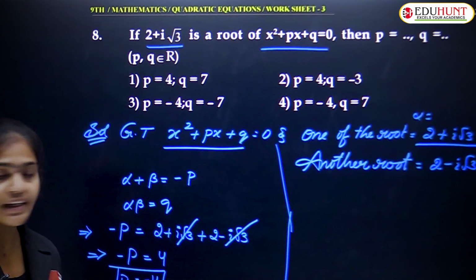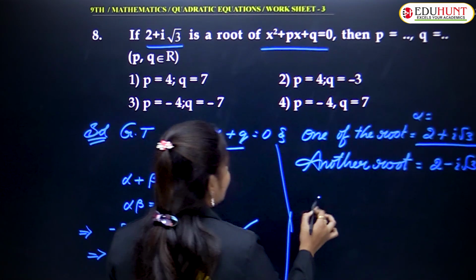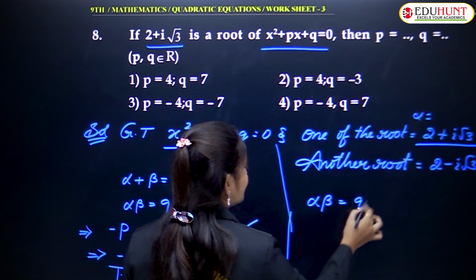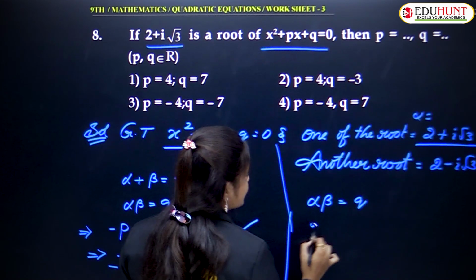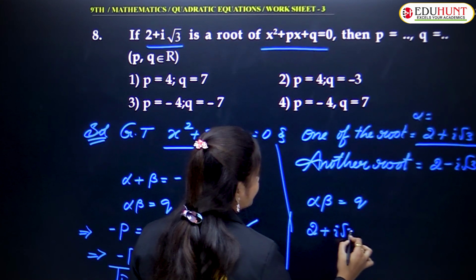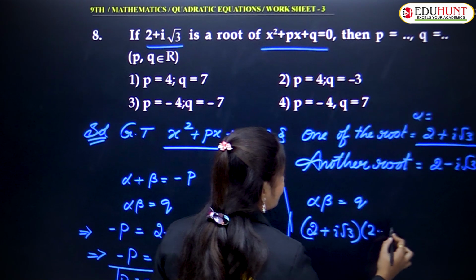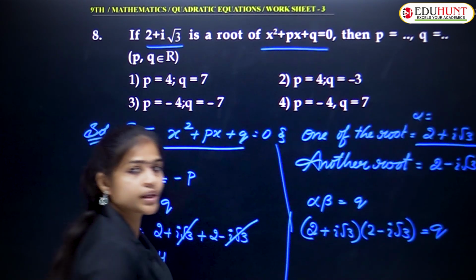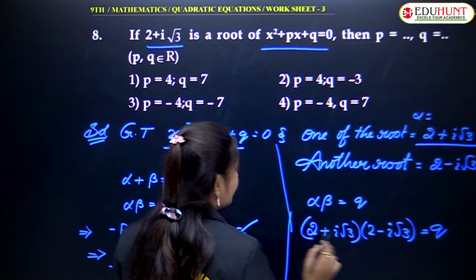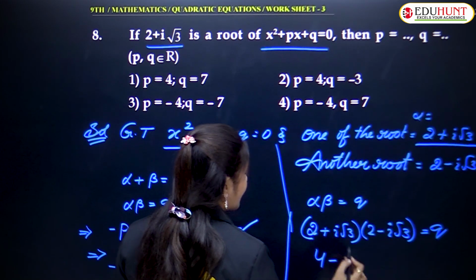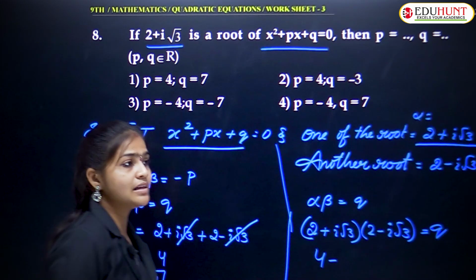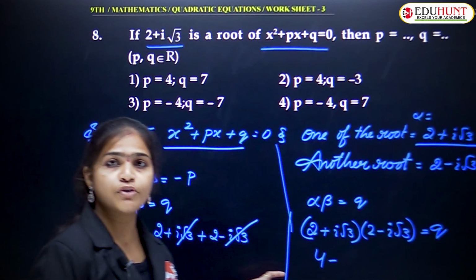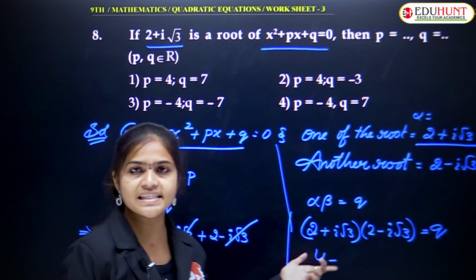Next we need to find the q value, no? Here alpha beta is equal to q. So 2 plus i root 3 into 2 minus i root 3 is equal to q. Here it is a plus b into a minus b. What is the formula? a square minus b square.